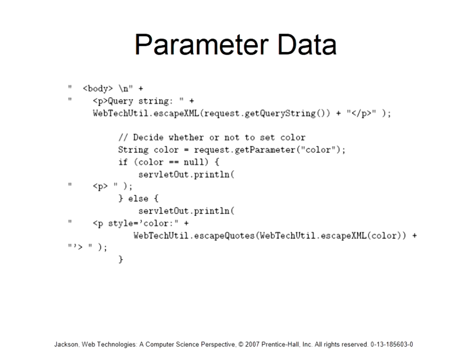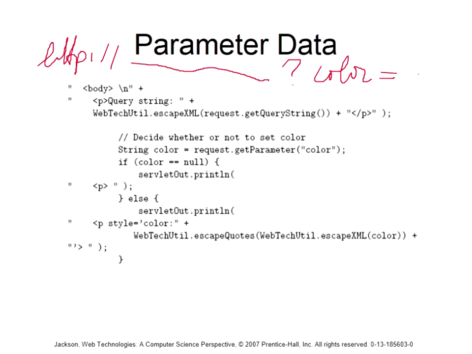This is an example. In our request, we have an HTTP request with color equal red. If we want to get the value of color in PHP, how can we get this value?